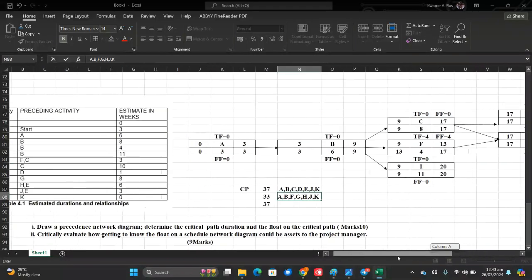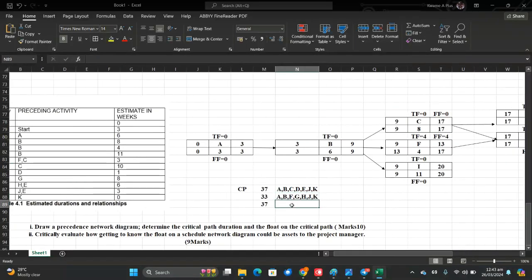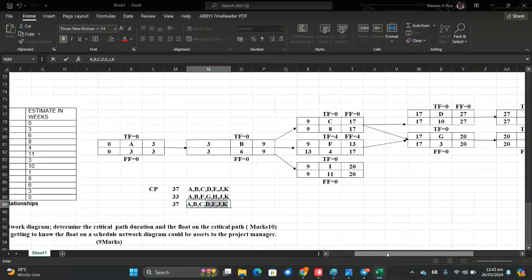And the third one, we had A, B, C, E, J, and then K. But the first one and the last one are all giving us 37.